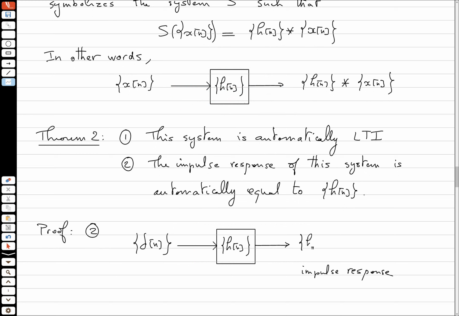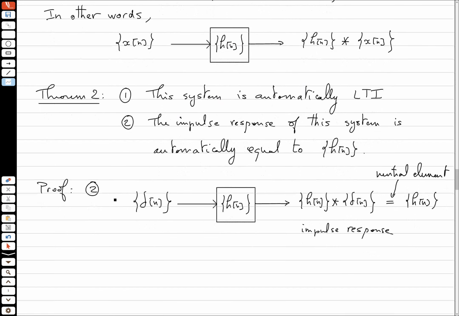You get this. But what do you say about this? Why? Neutral element. Conclusion, h of n is the impulse response.